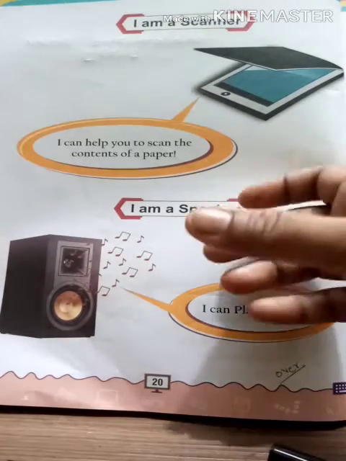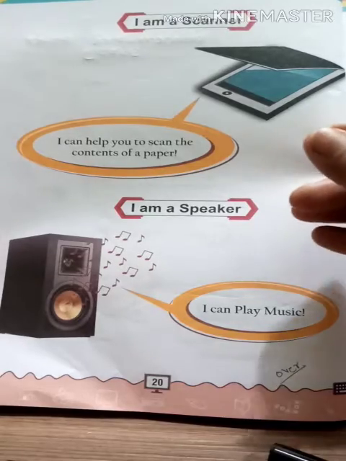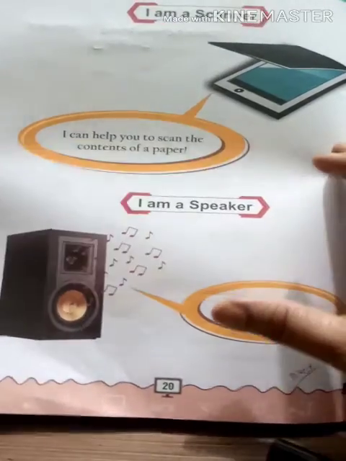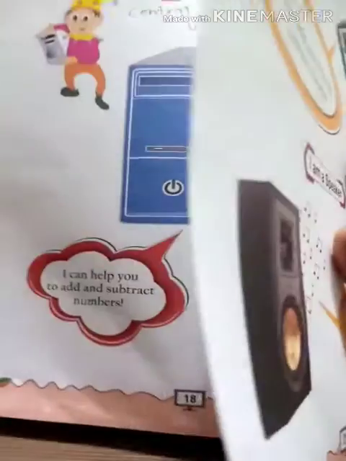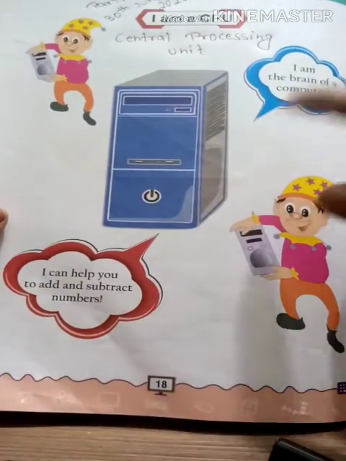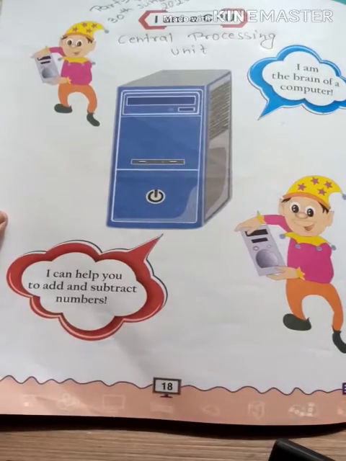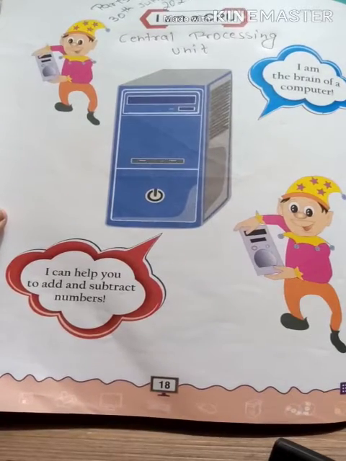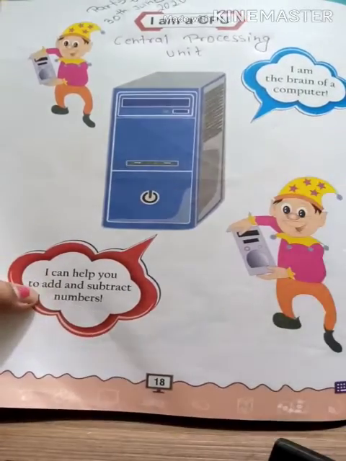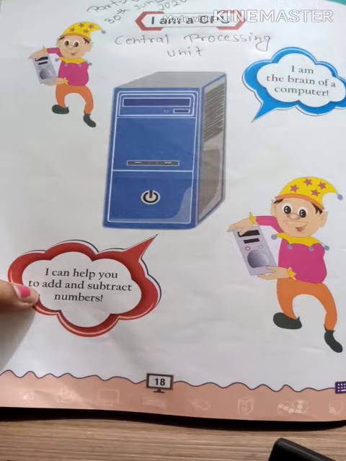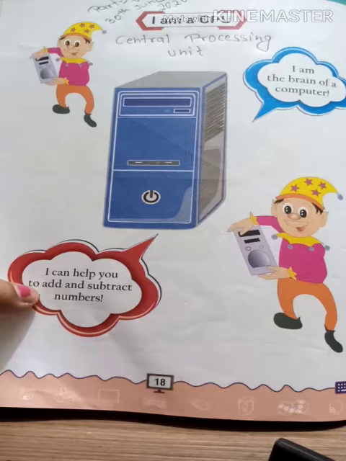I am going to show you the actual look of these parts which we have learned today: the CPU, the UPS, the printer, the scanner, and the speaker. Let's see how these parts of the computer look.